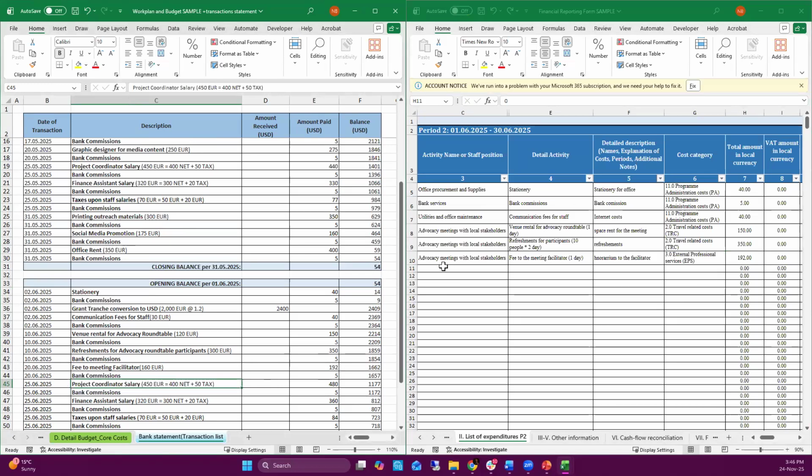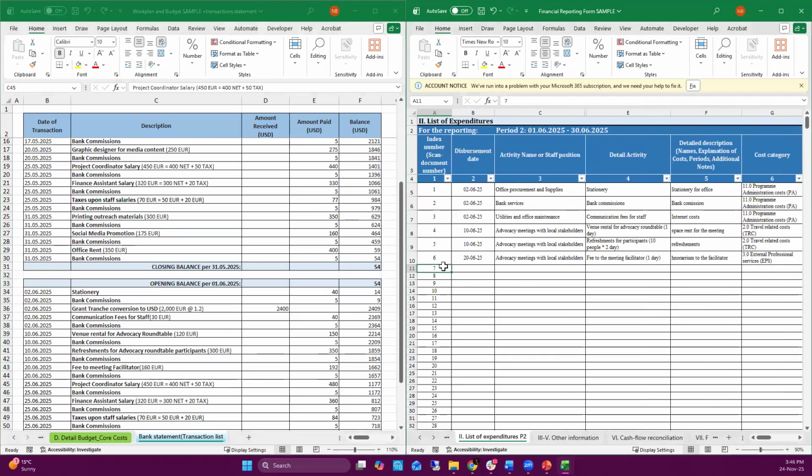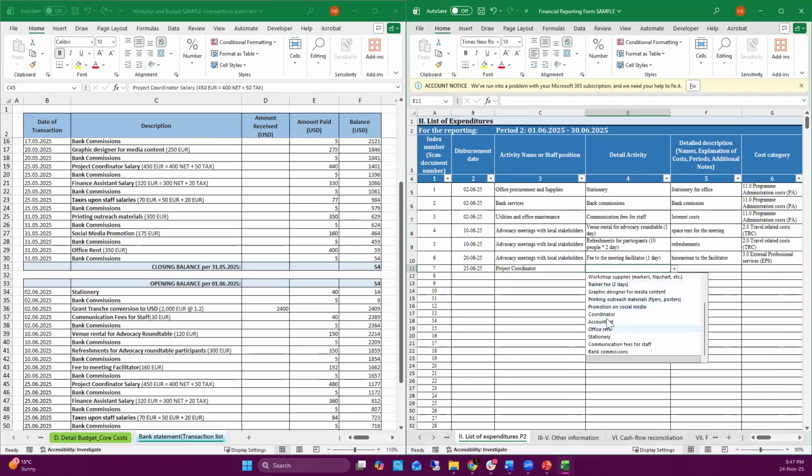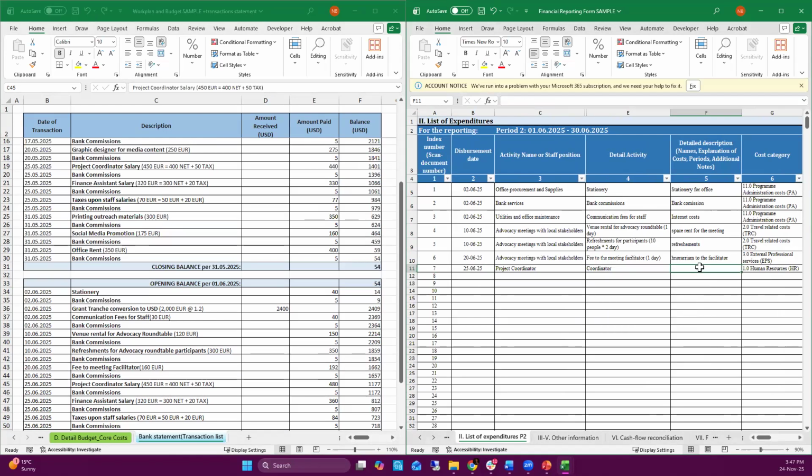Next, again, we have the salaries here. In the description, we once again input that this is coordinator's salary for June this time. Likewise, we did it previously. We have two lines because we have two separate payments.